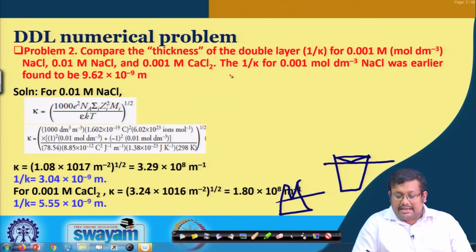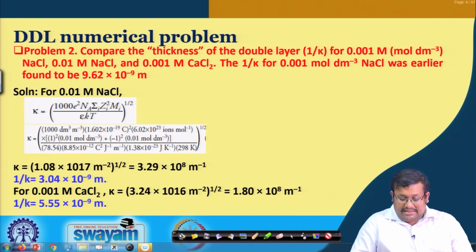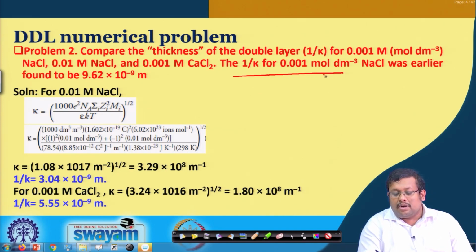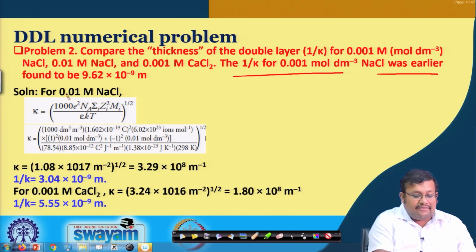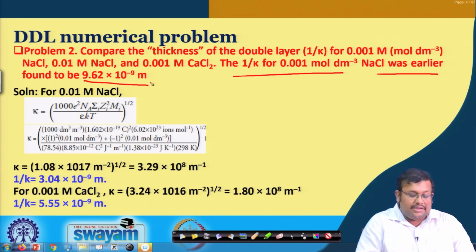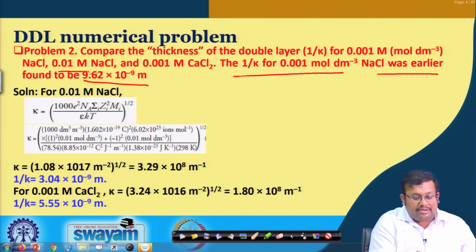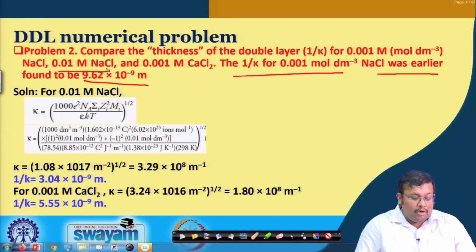So, basically 1 by k for 0.001 mole per cubic decimeter of sodium chloride was earlier found to be 9.62 into 10 to the power minus 9 meter in the previous problem.